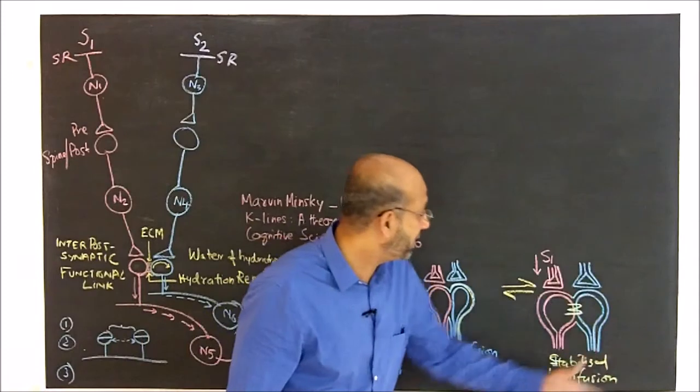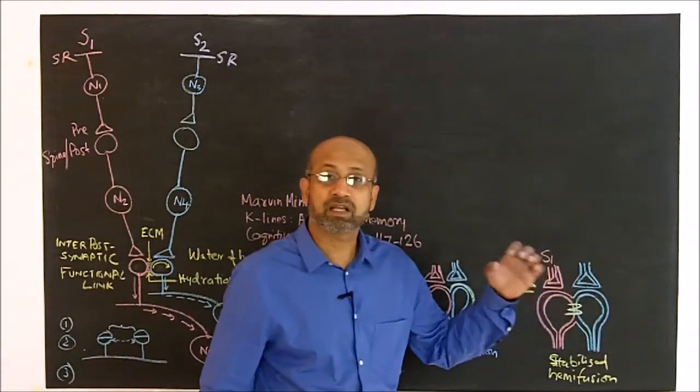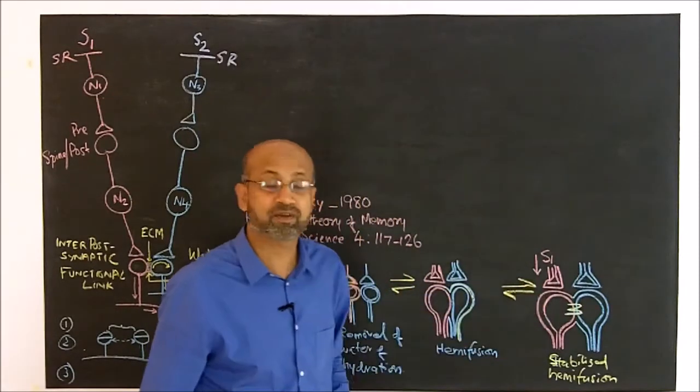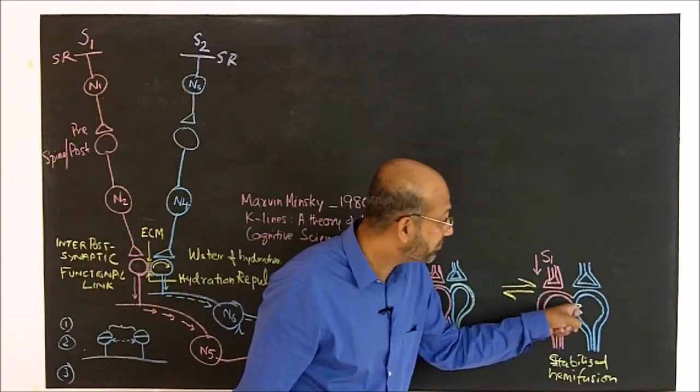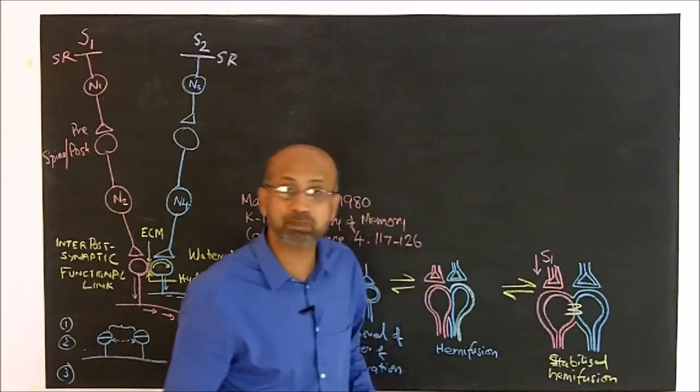So do we have anything that can suggest the induction of a first person inner sensation at the arrival of one of the sensory stimuli? What we have got is an interpostsynaptic functional link there between the dendritic spines.